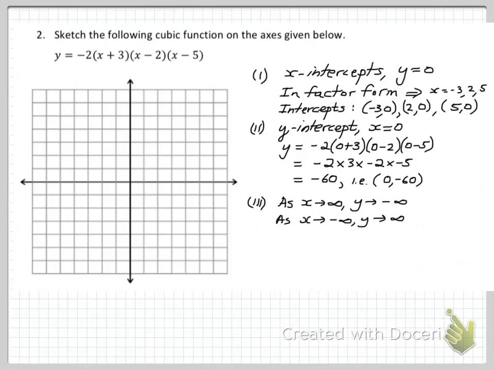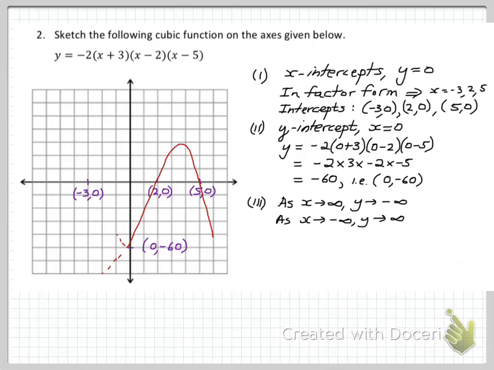And then also, once we've put in our points, the shape of the curve is fairly obvious because it has to cut the axis at those 3 x-intercepts. So the only way it can do that is to have this kind of shape. We know that as x goes to negative infinity, y goes to negative infinity, so that's falling in quadrant 3.